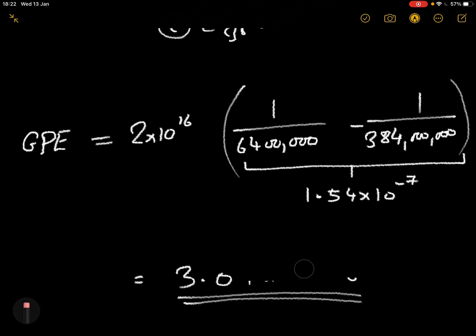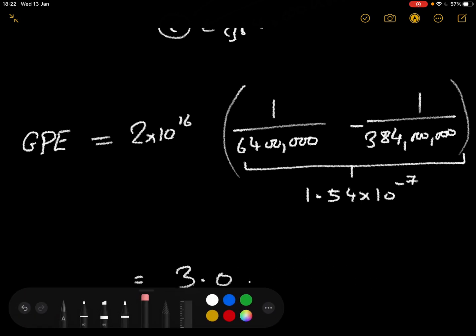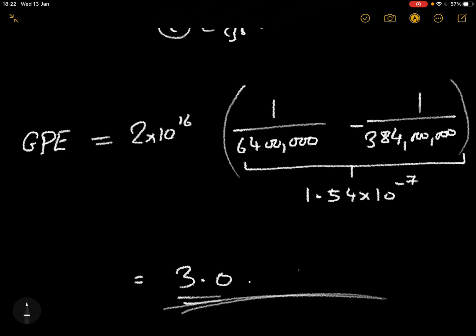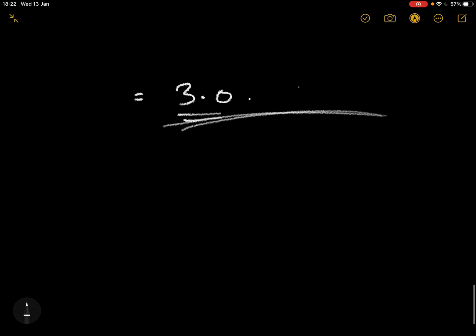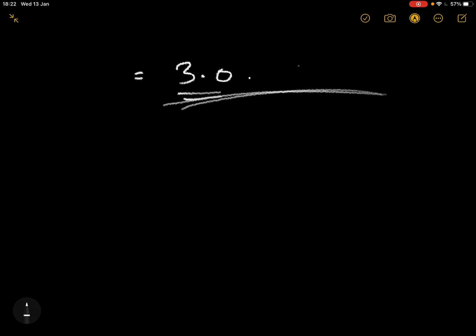Now, if we're dealing with larger objects, we need to worry about that kind of size. We need to use this equation. We can't use MGH, because MGH would have just predicted something ridiculous.